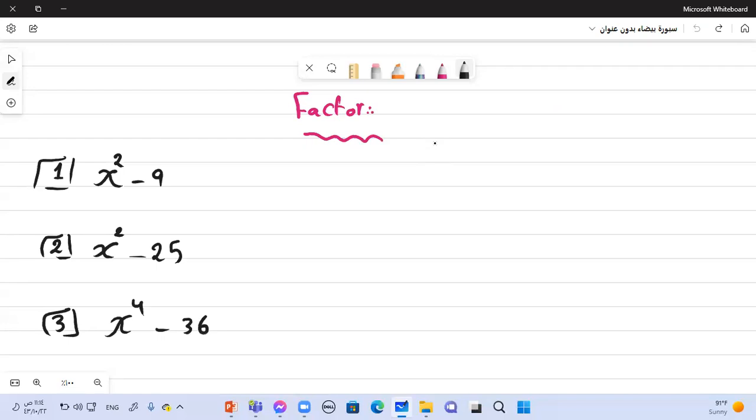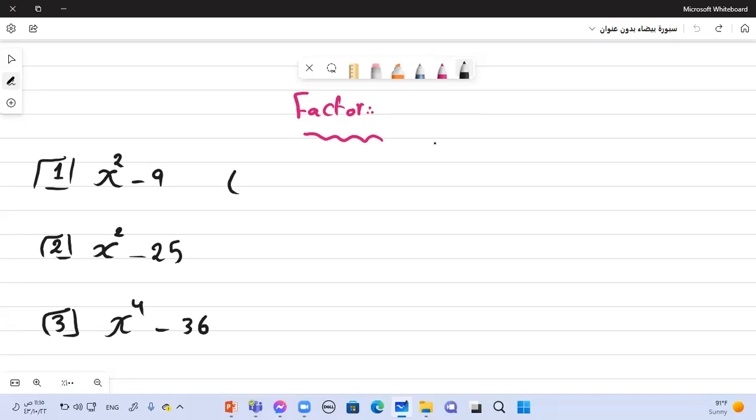This square and this square, meaning a perfect number, maybe 9, 25, 16, 36, 81, 100, 121. Two numbers multiplied by each other, the same number, okay?